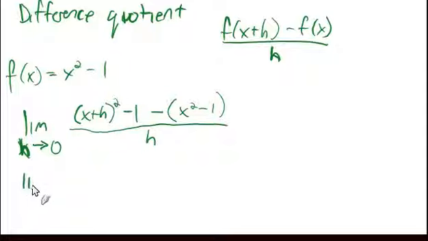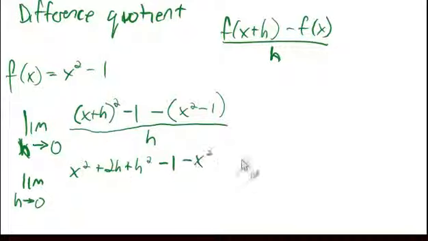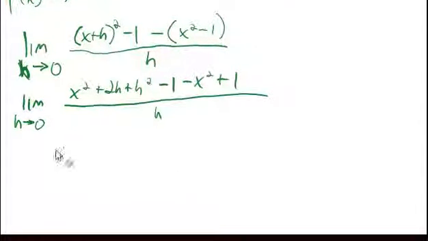So the limit as h goes to 0, let's just try and square this x plus h. So that's going to be x squared plus 2xh plus h squared. And then we subtract the 1, minus x squared plus 1 over h. Okay, I'm going to have to scroll down here. So now we have the limit as h approaches 0. Okay, so now x squared minus x squared, they will cancel each other out.